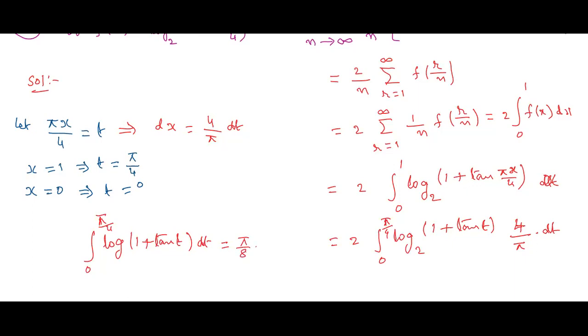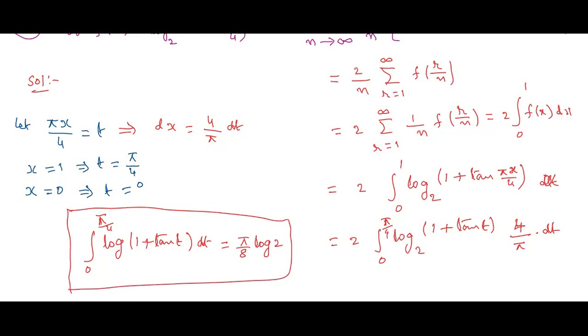Pi by 8 log 2. This is the answer of the standard question. Okay, apply this directly. 2 4s are 8. 8 by pi into pi by 8 logarithm 2, but here base 2. Log 2 base 2 is 1, 8 by pi into pi by 8. That value should be 1. Finally, the answer is 1. Okay.